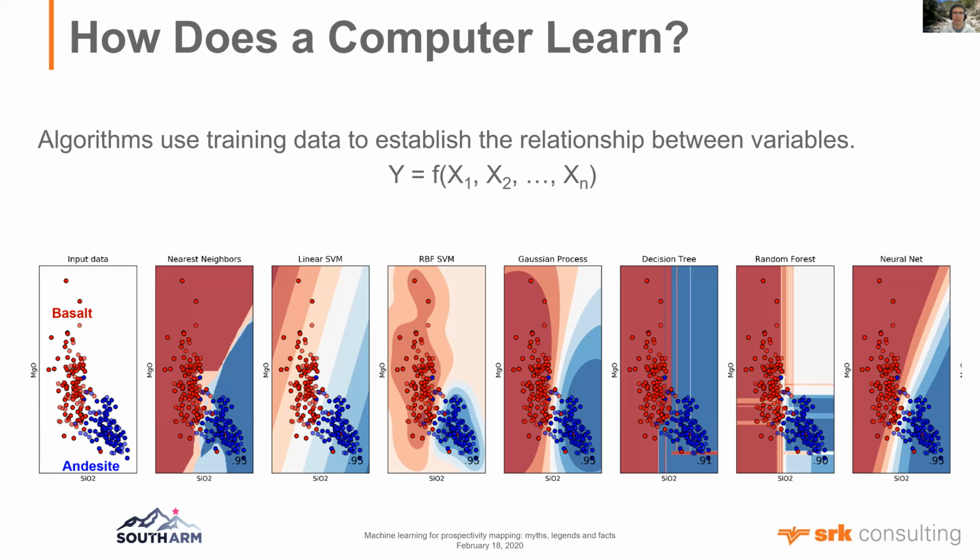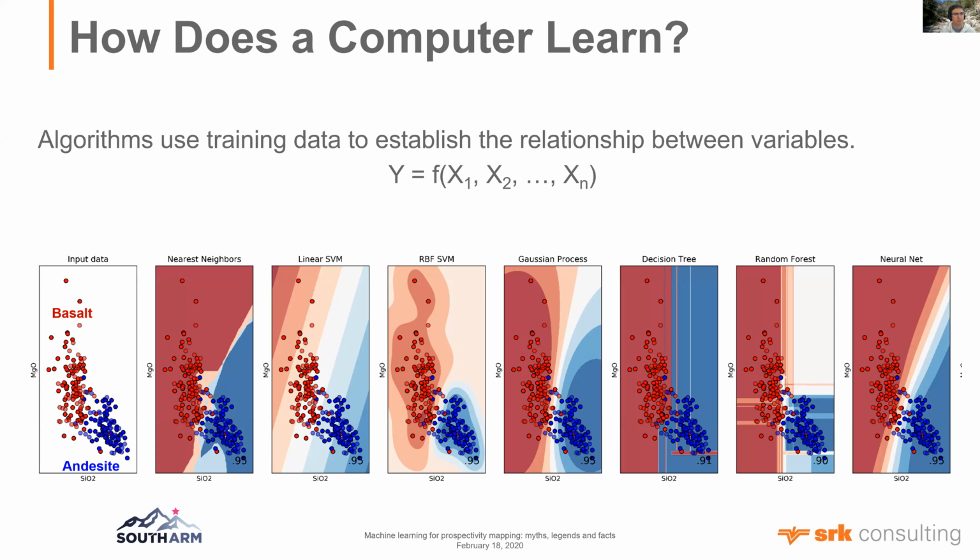And what machine learning does is it takes examples of these x's and of our y's, our known deposits, and it tries to find the best function, the best approximation, f prime, to convert these x's into y. It's never perfect, but it tries to find the best function.